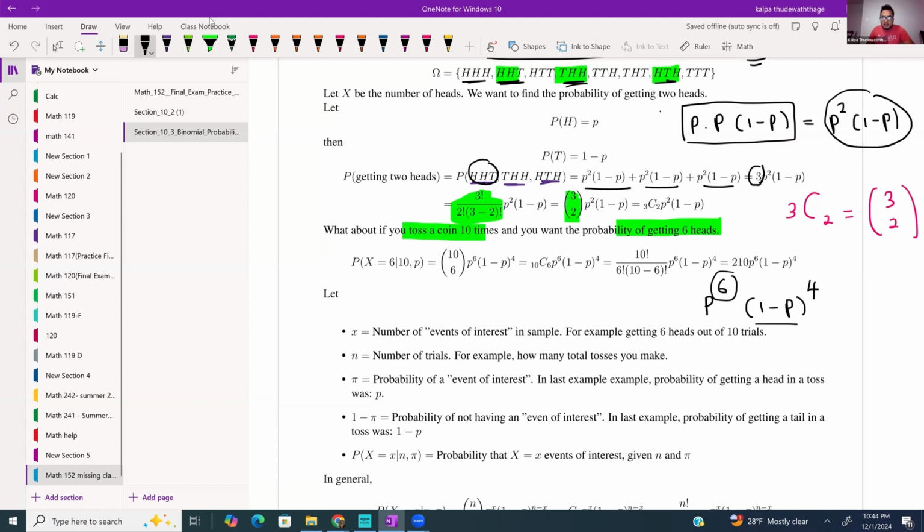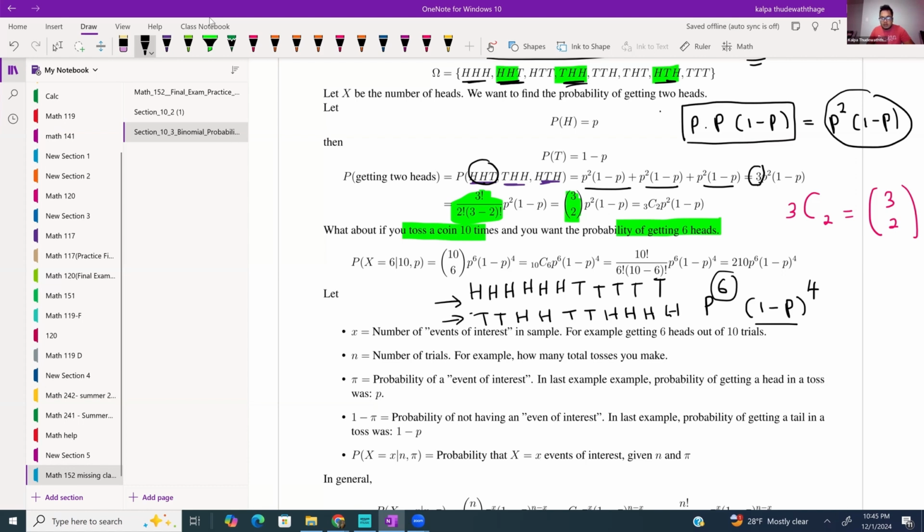But the interesting thing is how many different outcomes you have with 6 heads. You can have 6 heads and then all tails. And you may have 2 tails and some heads, and maybe another arrangement. This is another possibility.